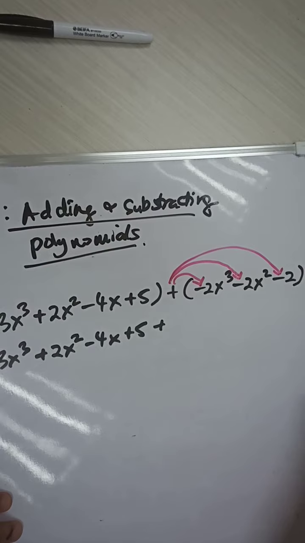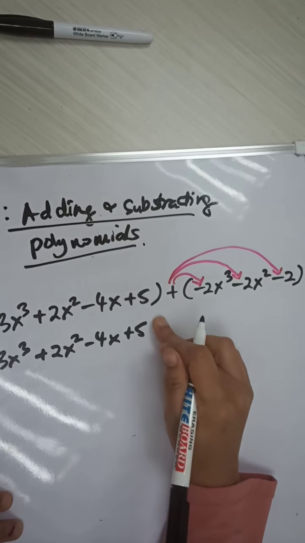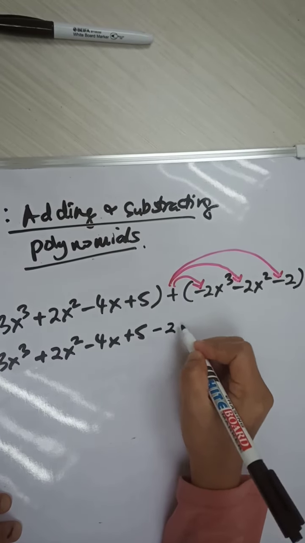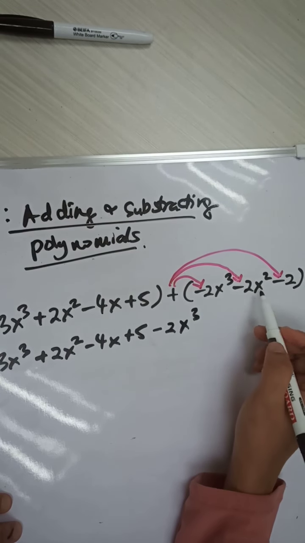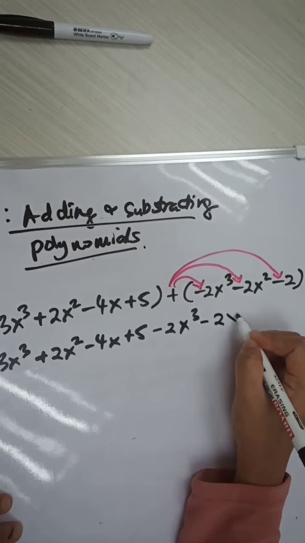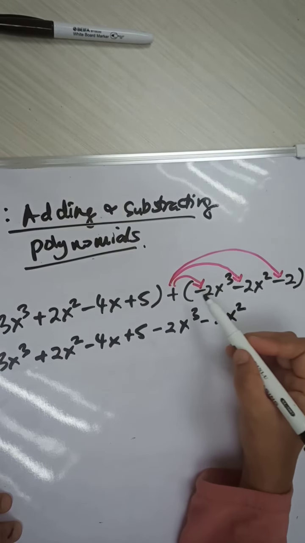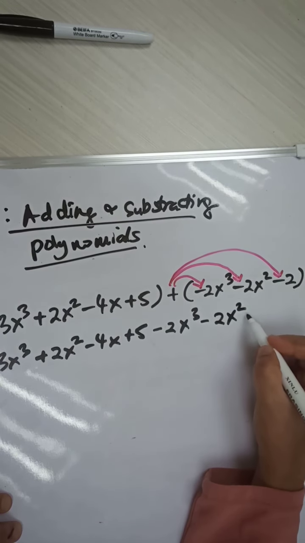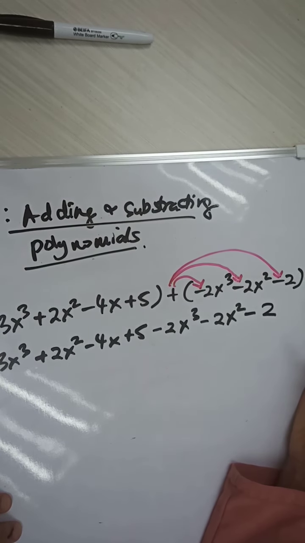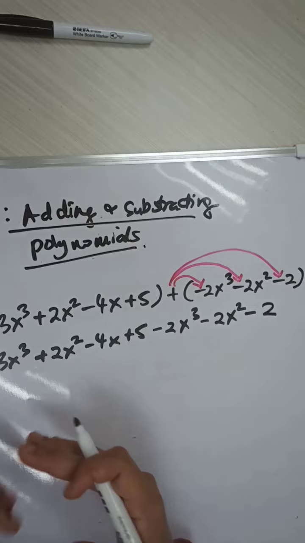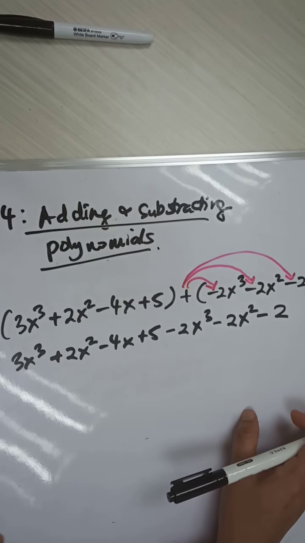Positive multiply negative, we get negative 2x cubed. Positive multiply negative for the second term, we get negative 2x squared. And then positive multiply negative, we get negative 2. Now you already removed the bracket for this example.